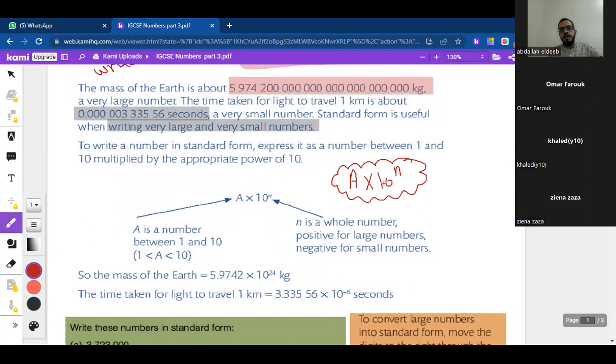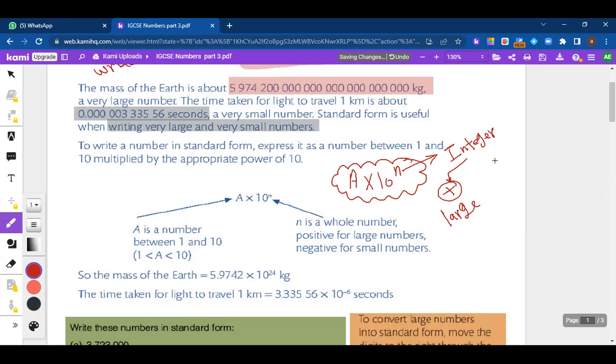What is A? What is n? N is an integer. And integer means it is positive for large numbers, and it is negative for small numbers.